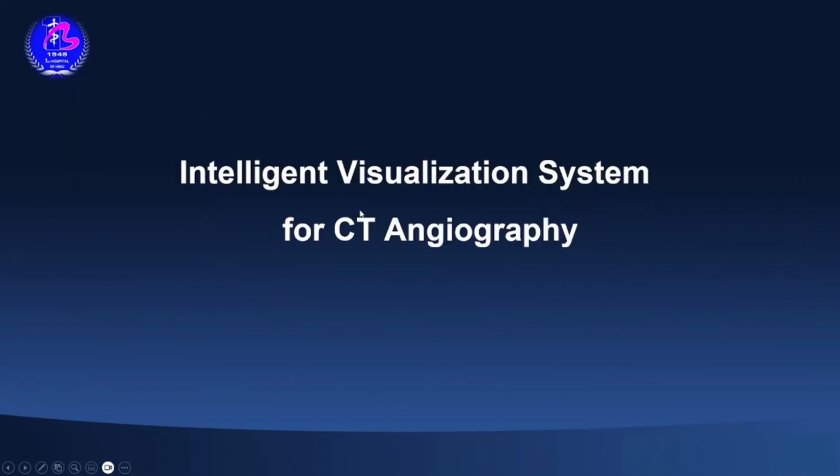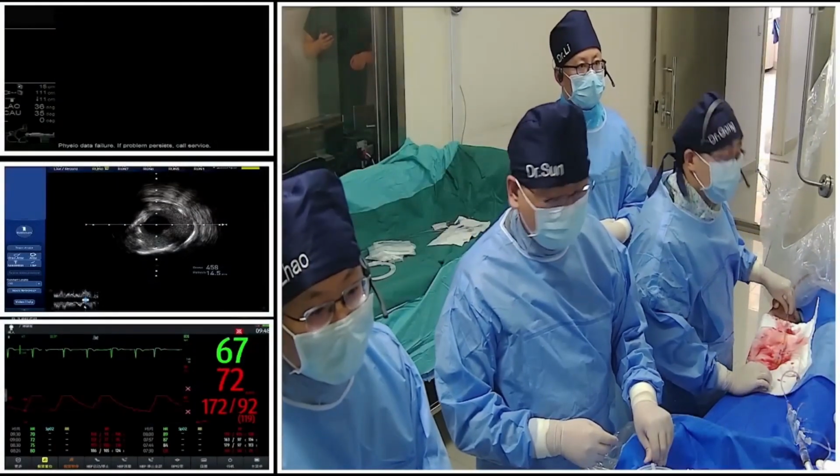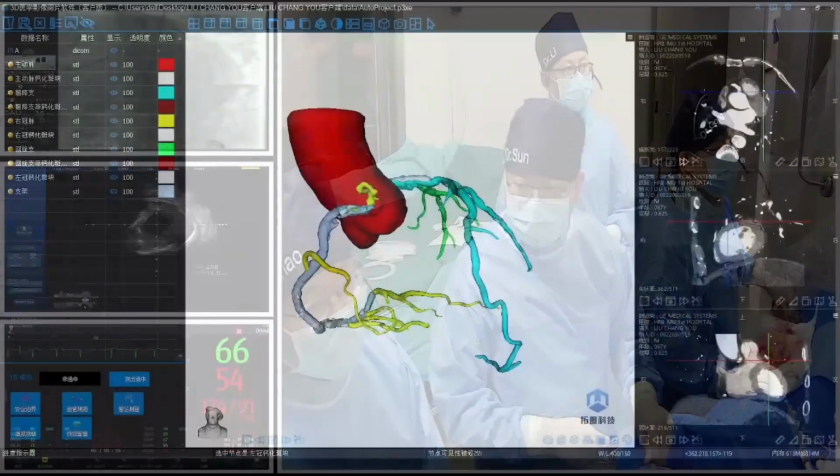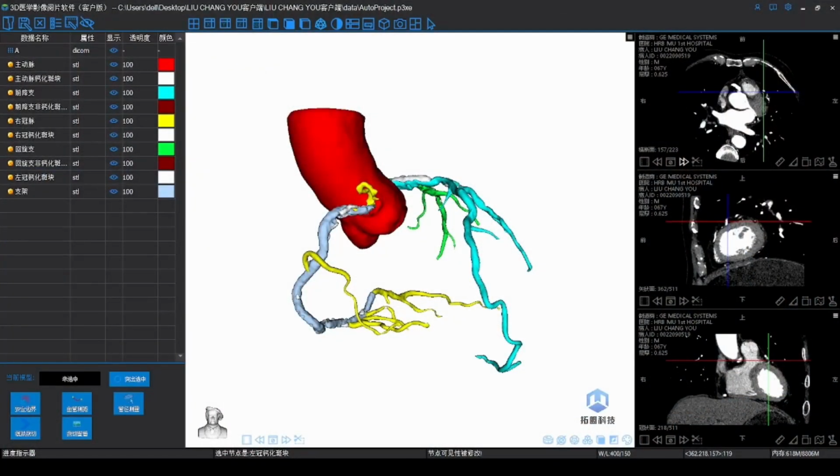Next. In order to understand the coronary artery lesion deeply, the intelligent visualization system for CTA invented by Professor Li Yue in our hospital would help us to get more information. Please, Professor Wang Dingyu, introduce this part.